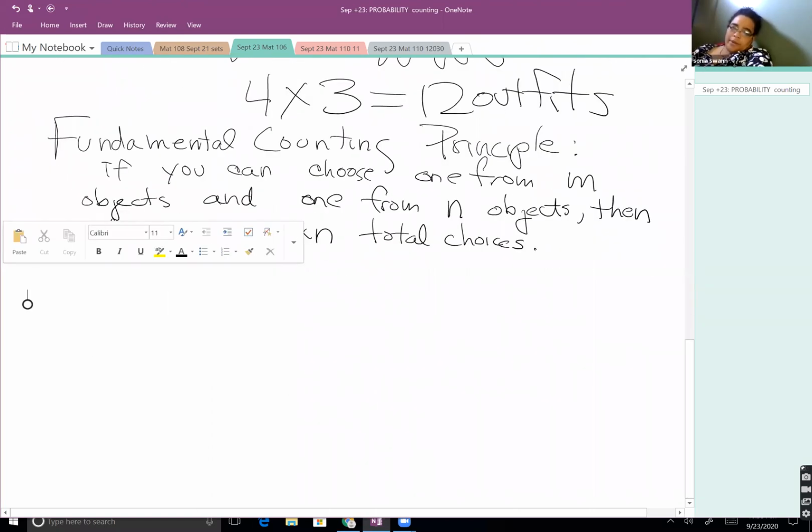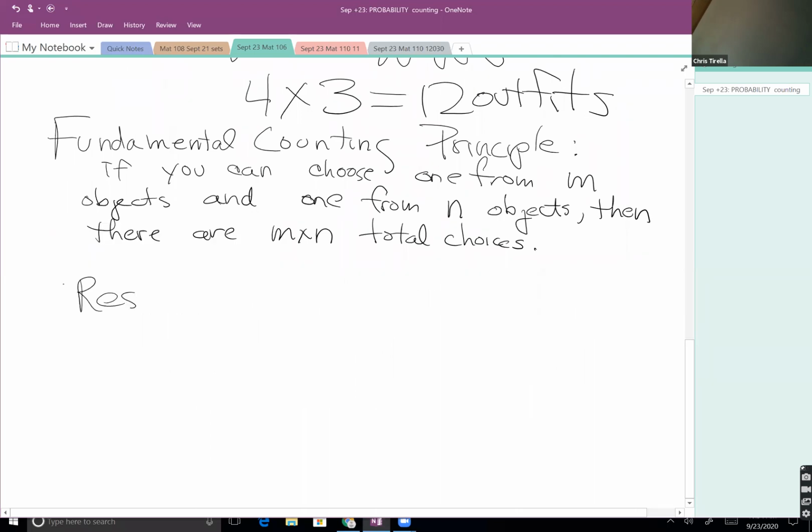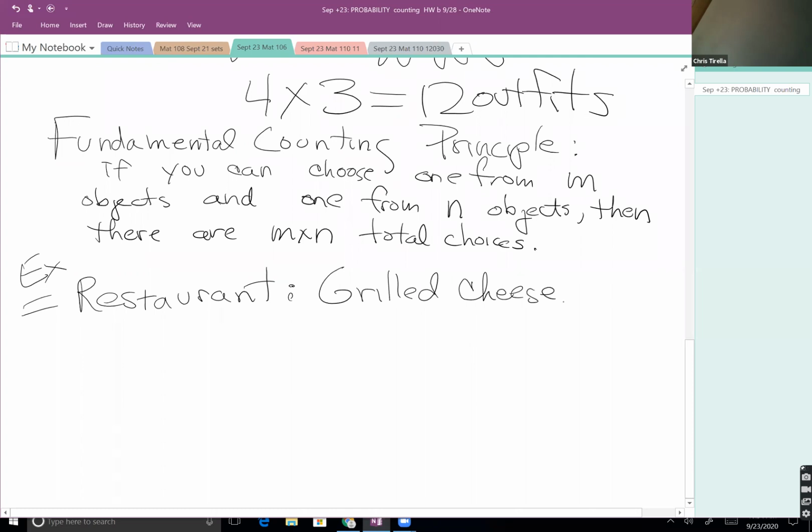So some of these examples are pre-pandemic, although I guess you can still go to restaurants and you can still order takeout. So let's say I'm going to a restaurant. This is an example. At a very particular restaurant, all they serve is grilled cheese sandwiches. You can pick 1 from 4 types of bread.